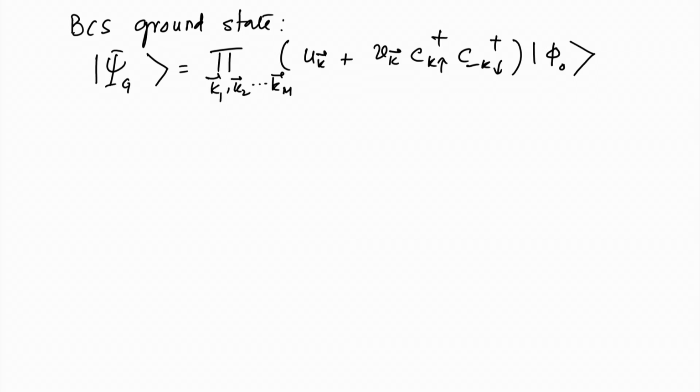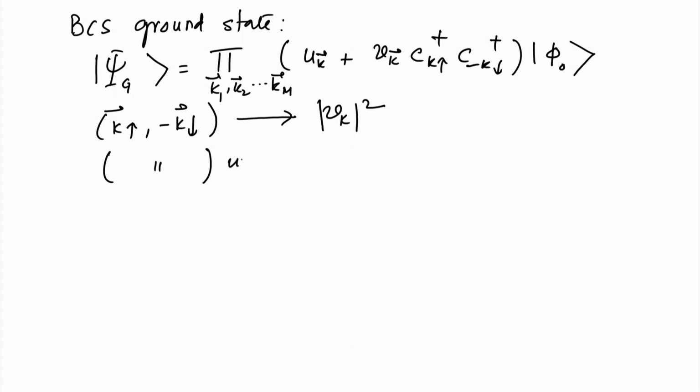So, the probability of a pair formed of k up and minus k down to exist is given by v k square, and that this is unoccupied is given by u k square.